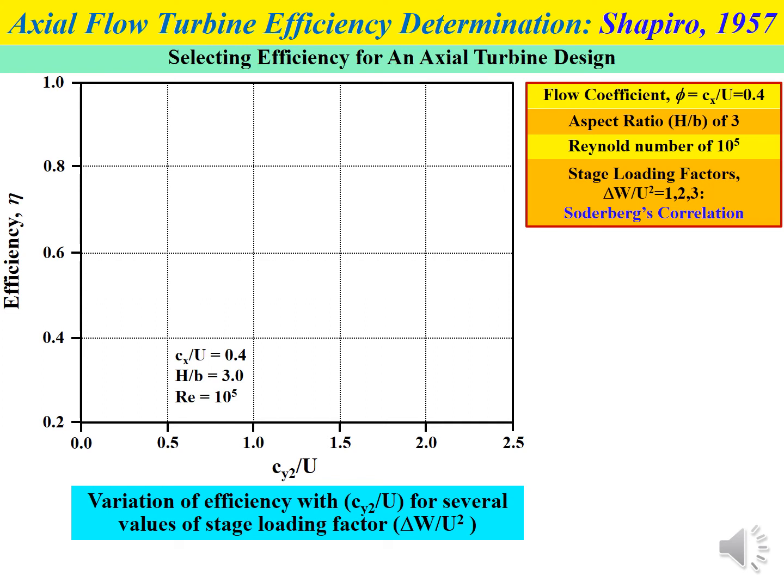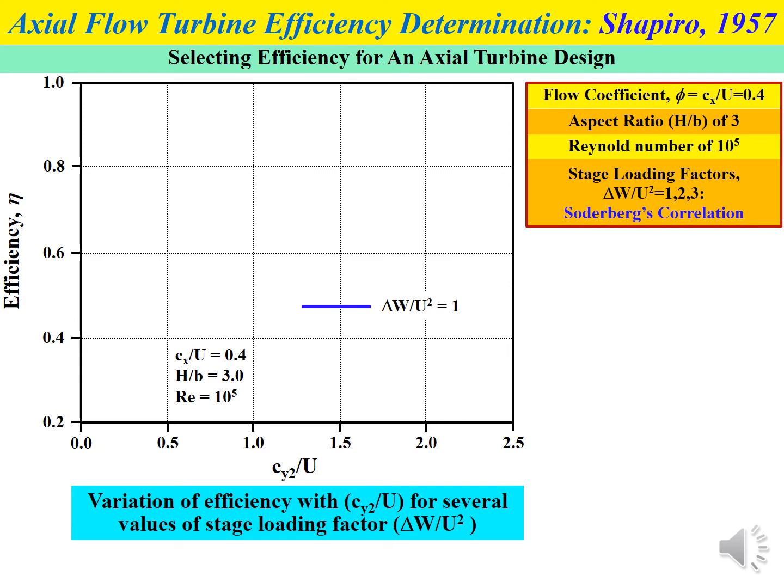The curves obtained by Shapiro are for stage loading factors of 1, 2, and 3. We need to remember that the data in the graph plotted by Shapiro is actually based on the Soderberg correlation that we have learned before.